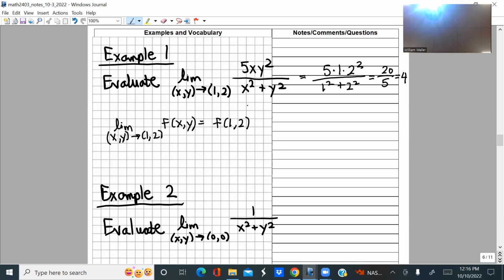So this is going to be true if f of x, y equal to this formula is continuous.